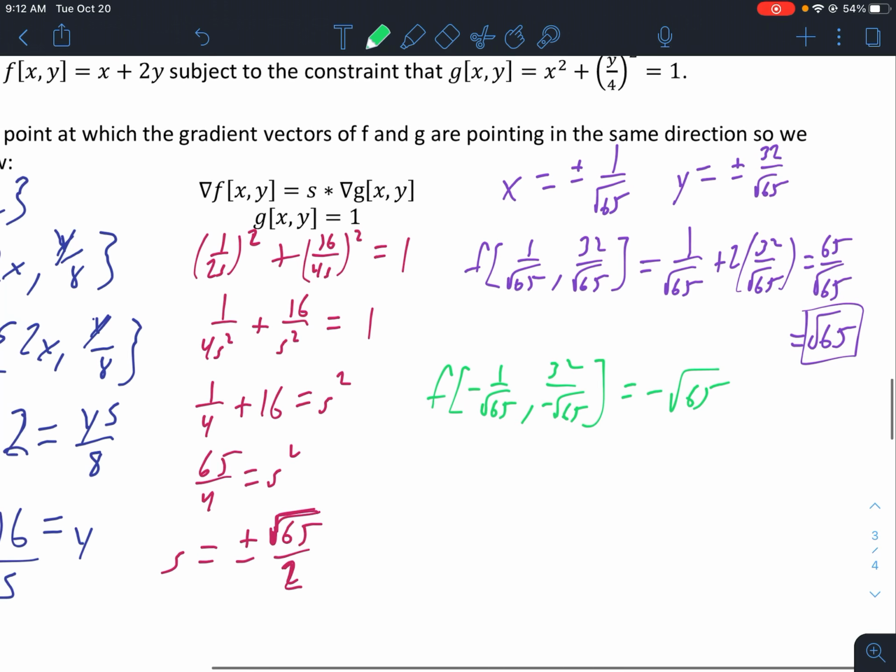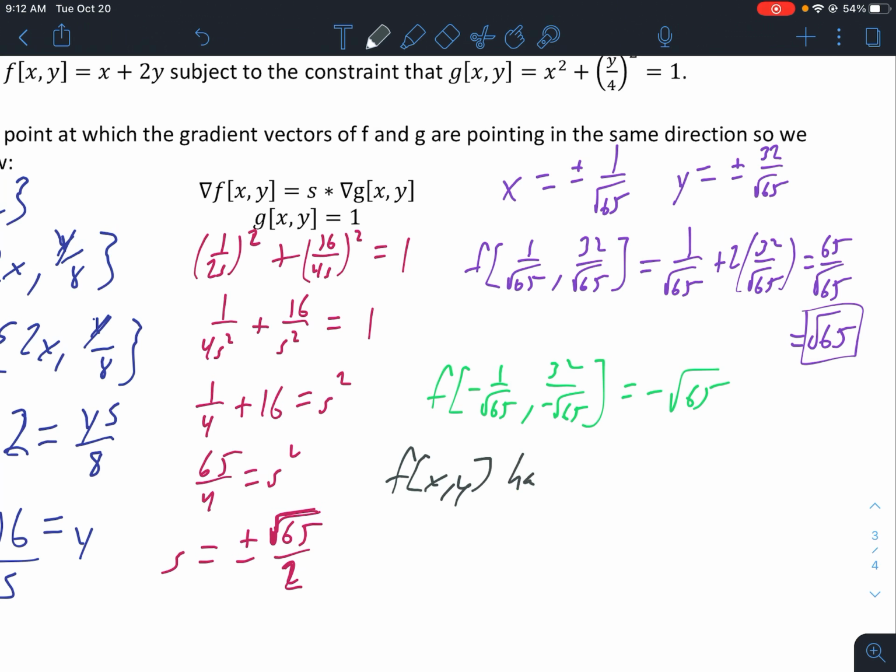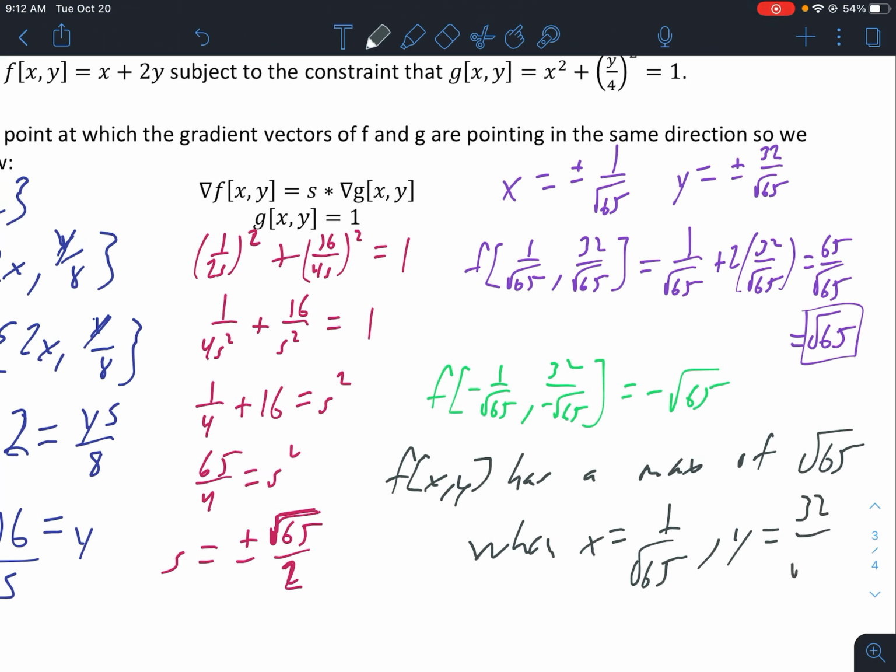Clearly, root 65 is bigger. So we would say that f has a max of positive root 65 when x equals this, and y equals this.